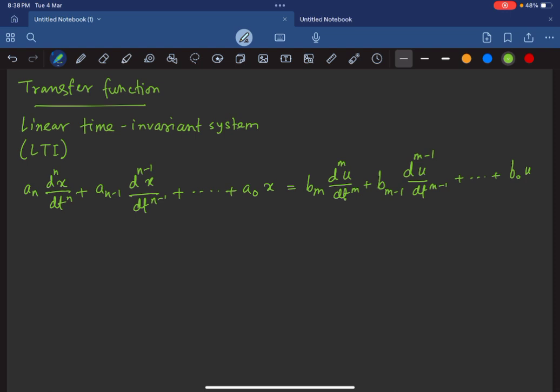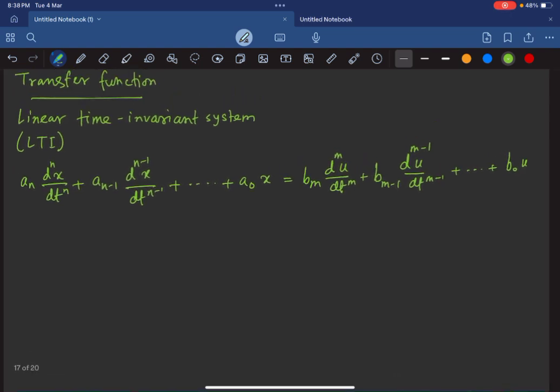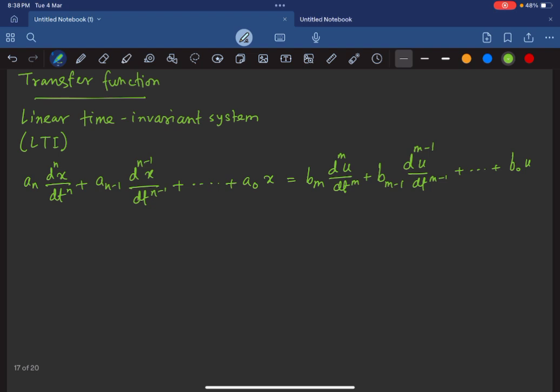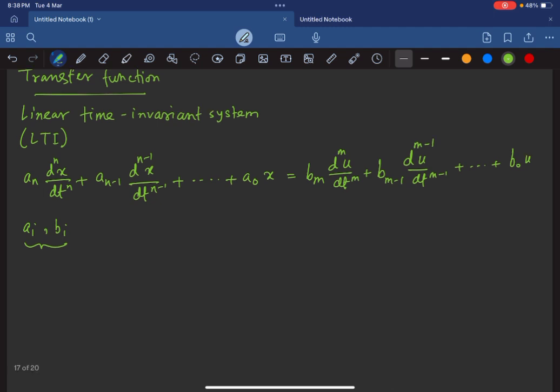Now see, this is one LTI system, where you can see this is a linear equation. See these coefficients, that is a_i and b_i, these are all constant terms.